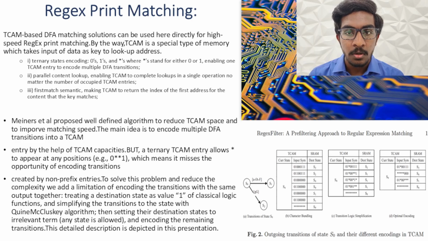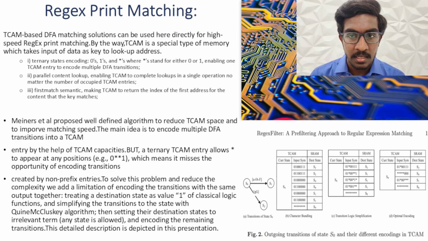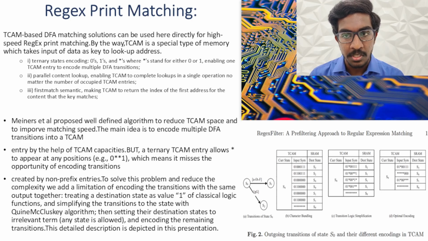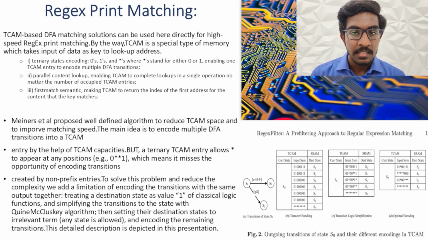It has ternary encoding, zeros and ones and certain strings of either zeros and ones, enabling a TCAM entry to encode multiple DFA transitions more simply. The access time is very small, so you can implement it much faster. First match semantic makes TCAM return the index of the first address for the content that the key matches.